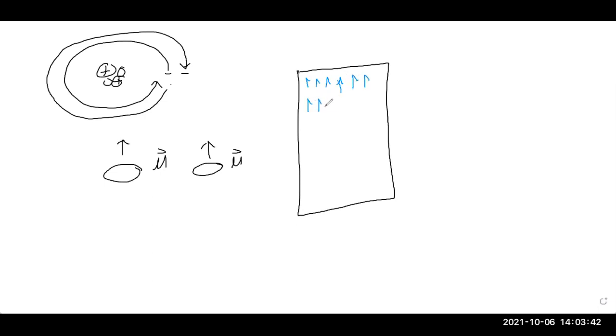And if you have a material moving to bigger and bigger scales, the magnetic moments can align with their immediate neighbors. Sometimes, however, they align with their immediate neighbors, but they don't align over the entire material.